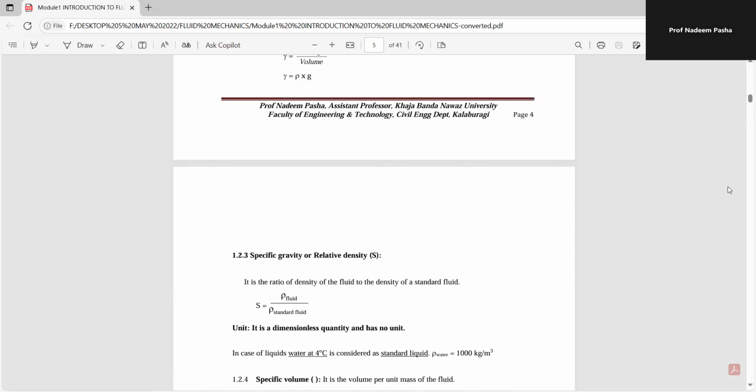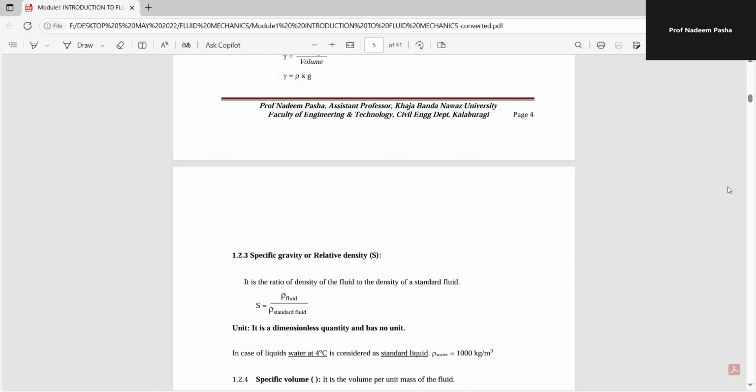It is the ratio of density of fluid to the density of standard fluid. It is denoted by the symbol S. So S is equal to rho fluid by rho standard fluid. Because the unit for density is kg per meter cube in both cases, the units get cancelled. So specific gravity is a dimensionless quantity and has no unit.